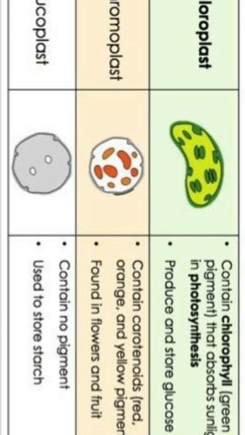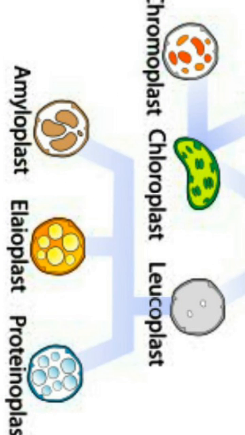Next, let us go through detailed information on leucoplasts. Leucoplasts again have three categories: amyloplasts, elaioplasts and aleuroplasts. Now let us see the role of each one. Amyloplasts store carbohydrates, that is, starch, and they can easily be identified in plants like potato and sweet potato.